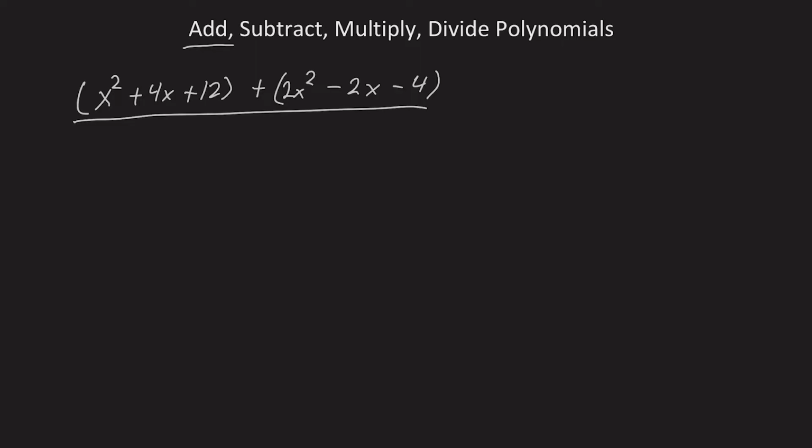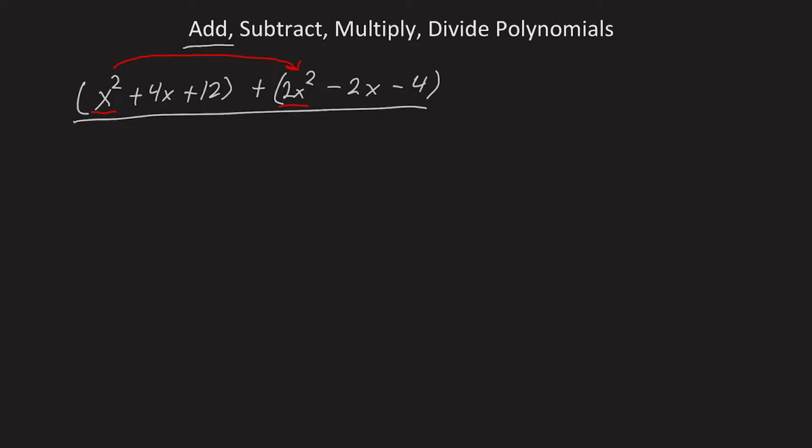Here we see one trinomial added to another trinomial. The way we're going to go about this is we are going to look for terms that have the same quantity of x. You'll see here on the left we have an x squared, and on the right we have an x squared. So we match up all of the terms that have the same x relationship.